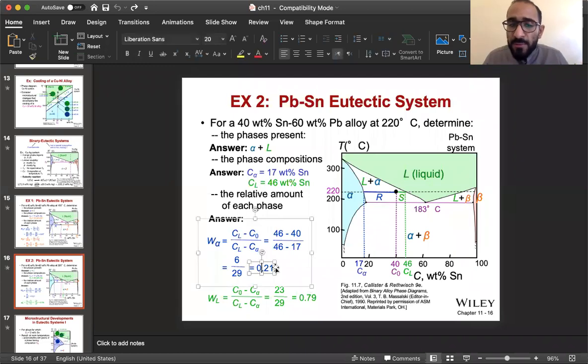If we can find the first one, which is 0.21, then the weight fraction of the other phase is 1 minus the weight fraction of the first phase. So 1 minus 0.21 gives us approximately 0.79. Okay. I know this is not complicated, but maybe because it's new for you, it needs some time to practice it.